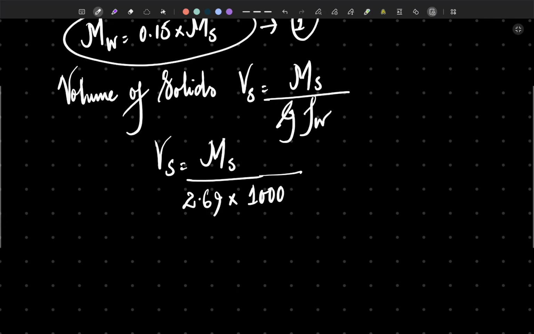Now volume of solids is equivalent to mass of solids divided by 2690 cubic meter. Alright, this is the volume of solids.